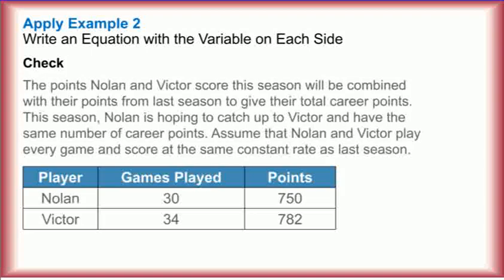The points Victor and Nolan score this season will be combined with their points from last season to give their total career points. This season, Nolan is hoping to catch up to Victor and have the same number of career points. Assume that Nolan and Victor played every game and scored at the same rate as last season.